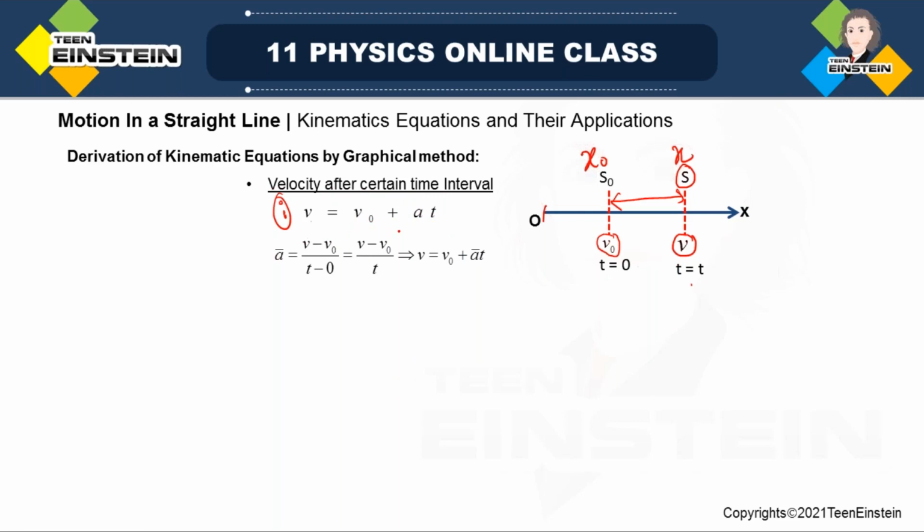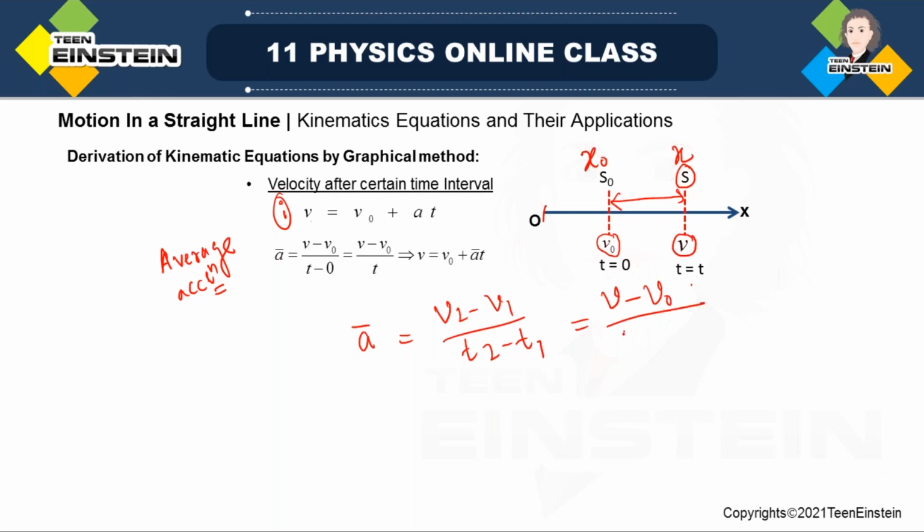So look here, I'll just come from the definition of average acceleration. We know that average acceleration a_avg is equal to final velocity minus initial velocity, that is, (v2 - v1) divided by (t2 - t1). This is what we know. So here v2 is v, v1 is v0, t2 is t and t1 is 0.